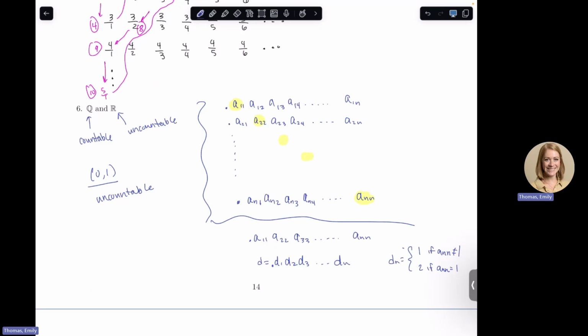And therefore, you can't make a list, so it's not countable. Very nifty argument. Trippy, but there. Yeah? What do you think? No? Not convinced? Processing. Corey, what do you think?